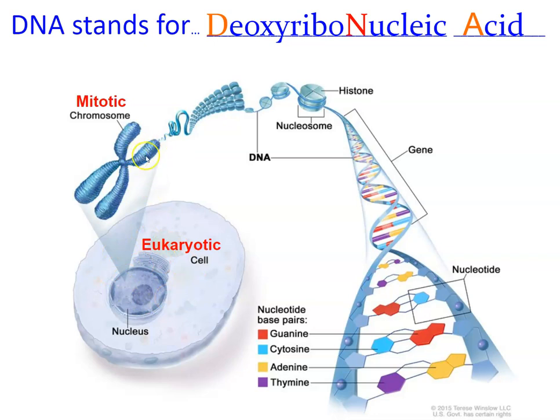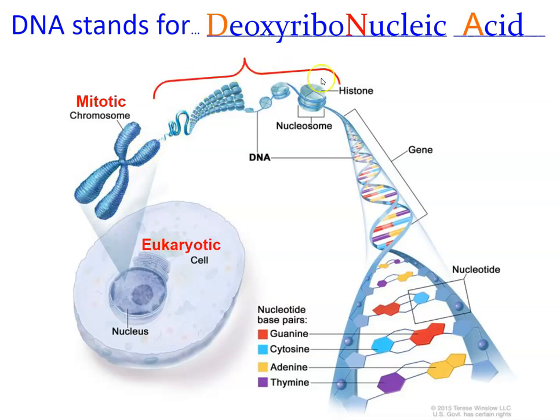If we unravel that chromosome, we'll find that what it's made up of is a combination of DNA and proteins called histones that the DNA is wrapped around and then packed together. That's how it condenses into mitotic chromosomes.